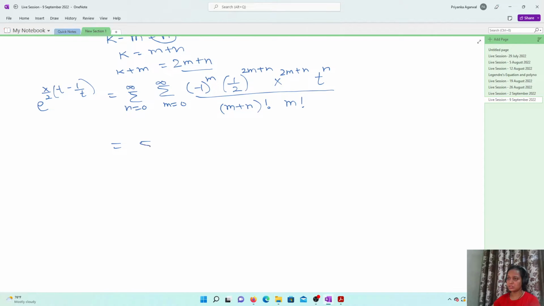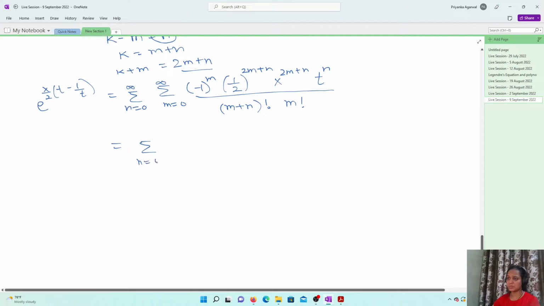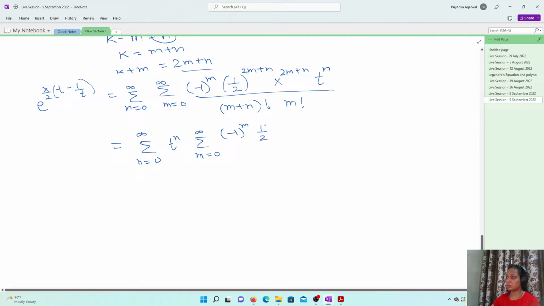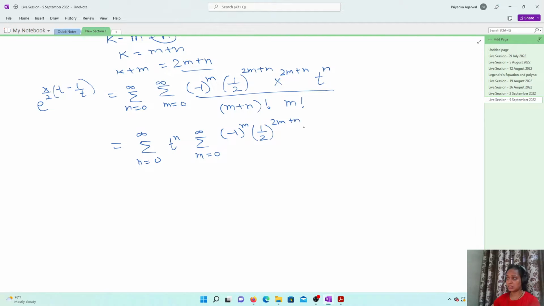Now how can this be written? From n equals 0 to infinity. See, t to the power n does not depend on n, so we can take it out. Now this is summation n equals 0 to infinity, and then this is (-1)^n, (1/2)^(2n+n), x^(2n+n), right?